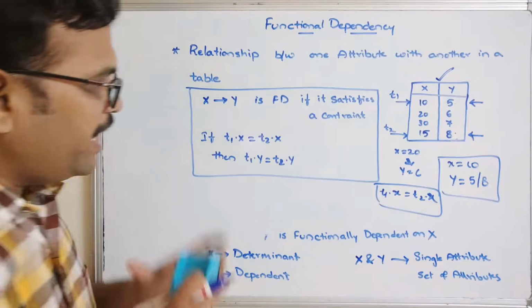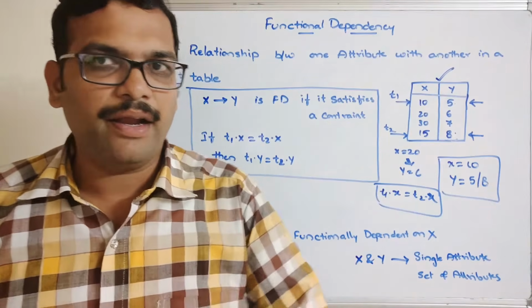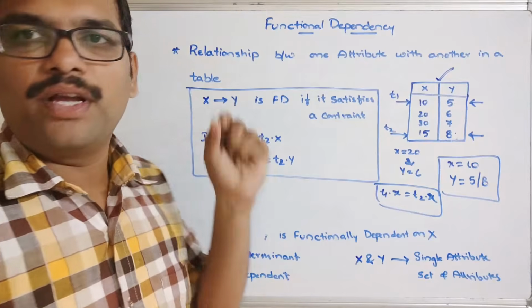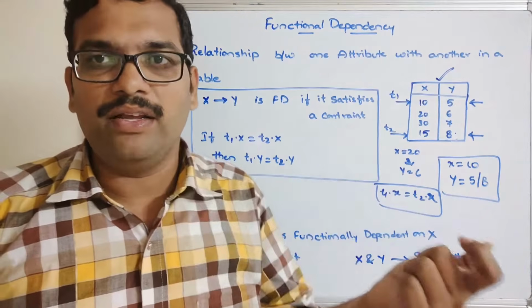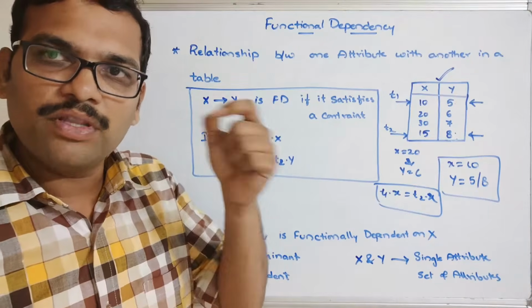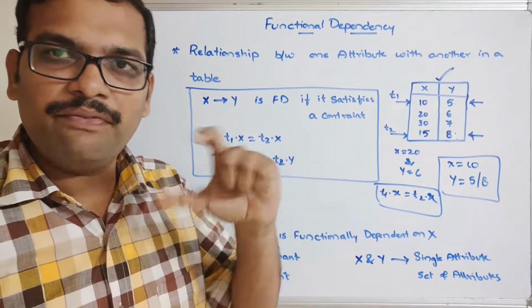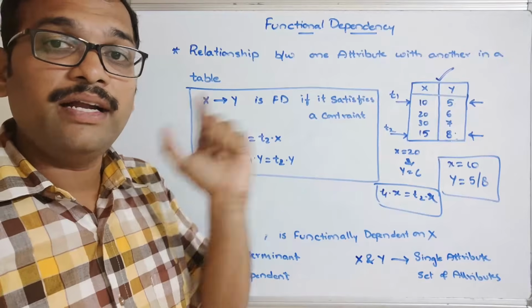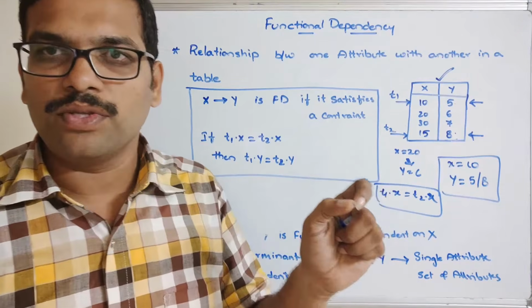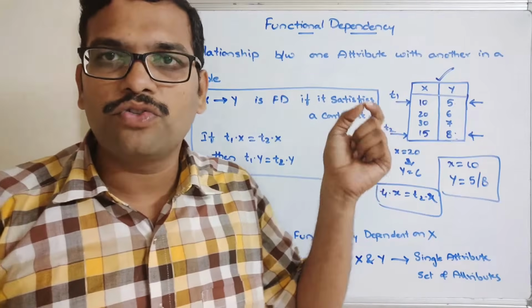So hope you understood. X tends to y is functionally dependent when x determines y uniquely. That means if both the x values are equal for different tuples, it should determine the same y value also. The corresponding y values should also be the same.